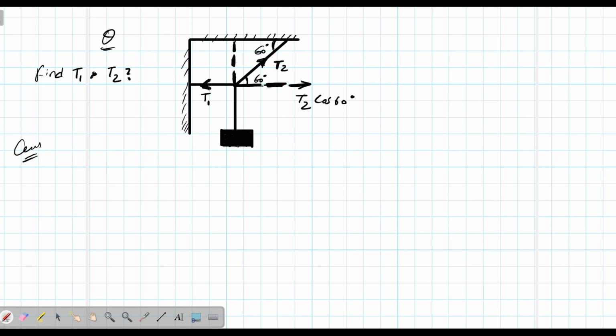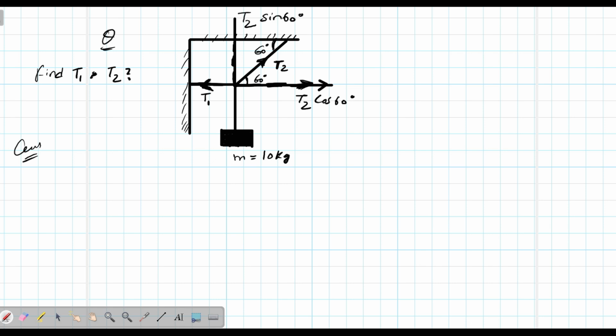Suppose this mass is 10 kg. This is T1 and this is T2. The components are T2 cos 60 and T2 sin 60.